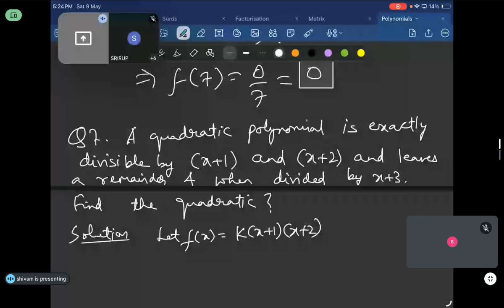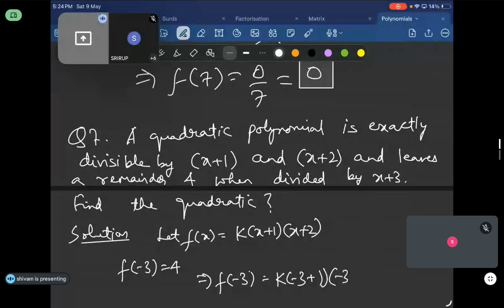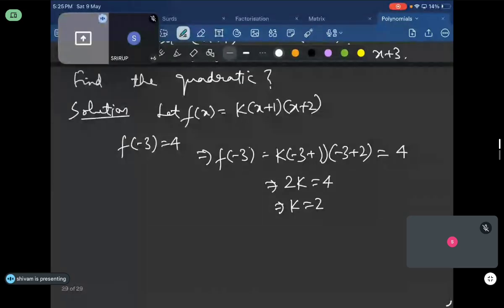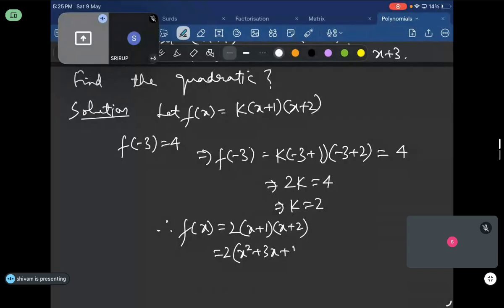So we get k into minus 2 into minus 1, that is 2k equal to 4. So k equal to 2. After getting the value of k, we can substitute back. Therefore, f of x equals 2 into x plus 1 into x plus 2, which is 2 into x square plus 3x plus 2. Done.